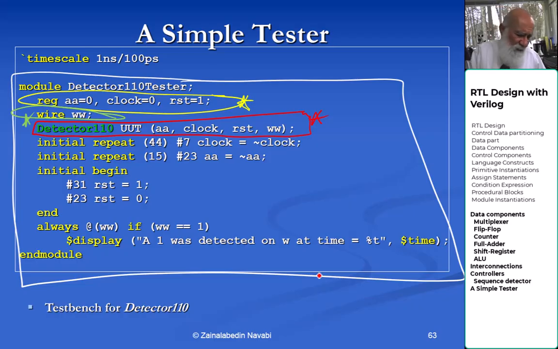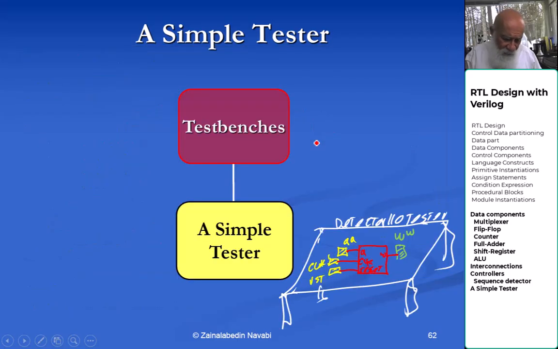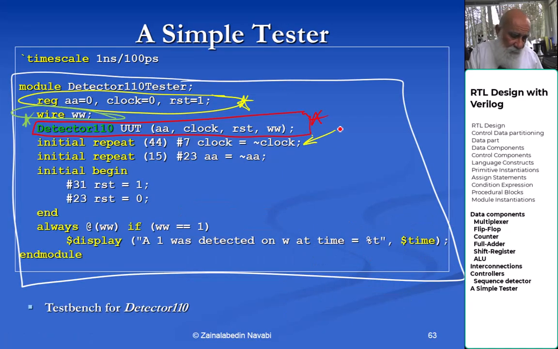One initial statement generates the clock for me, which is this one over here, the CLK yellow box. The way it reads is the following.